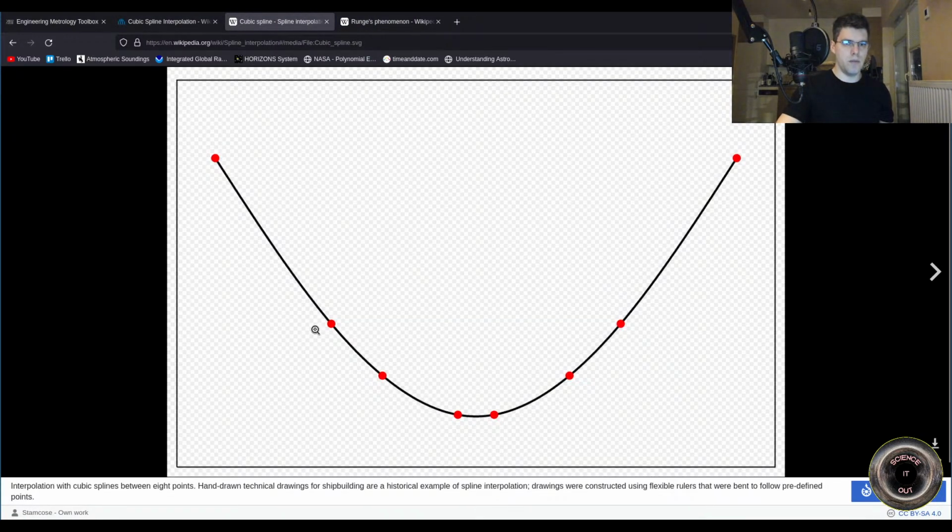So you have defined points, and then from these points you can do an interpolation. Every piece, those lines, are actually separate functions. Every line between two subsequent points is a separate function. All of them are cubic functions, which means they have terms with x cubed, x squared, x, and a constant term.